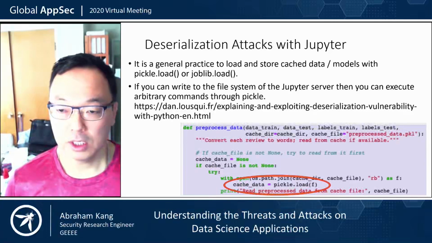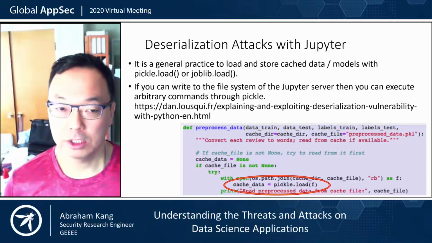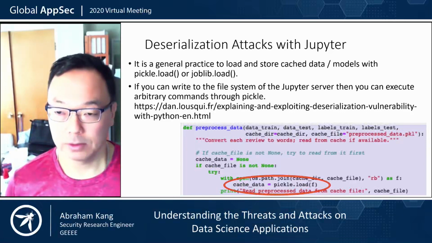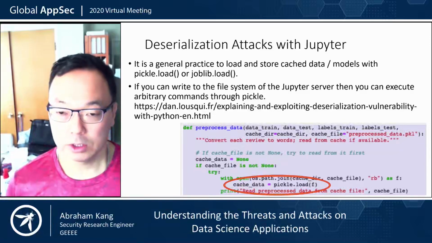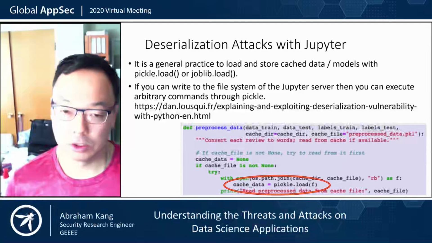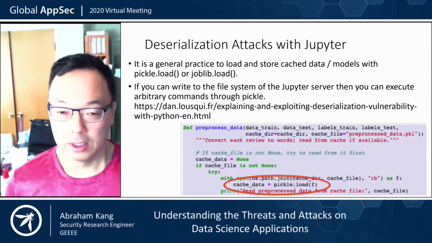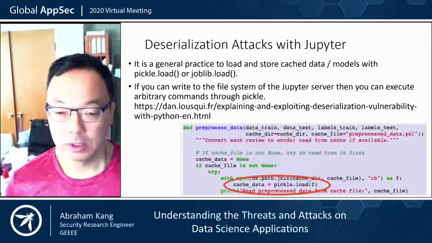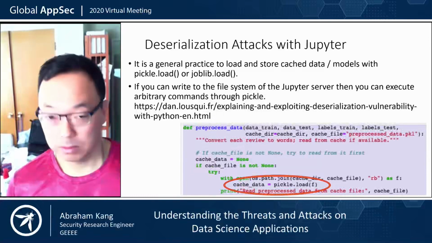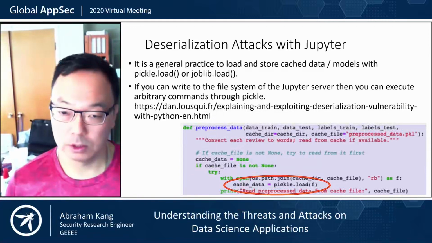And if an attacker can basically write to these files, they can insert commands that can be executed in pickle when it's deserialized. And I provided a link there. This has been a known issue for a long time, and deserialization attacks are very important and a common, unfortunate security vulnerability that is very prevalent.